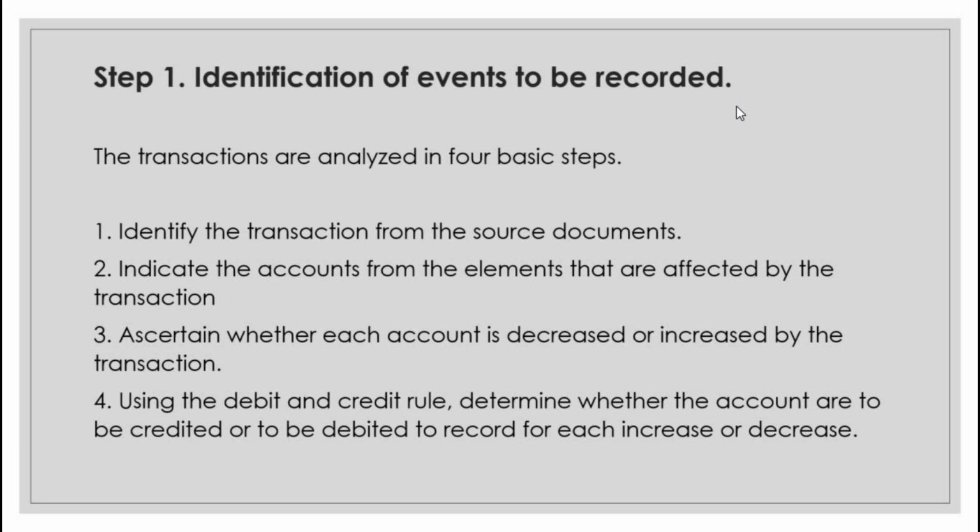When we say accountable, it means it should be recorded. We can only say that a transaction is accountable if it has effects on any of the elements of the financial statements. It could have an effect on assets, liabilities, or owner's equity.